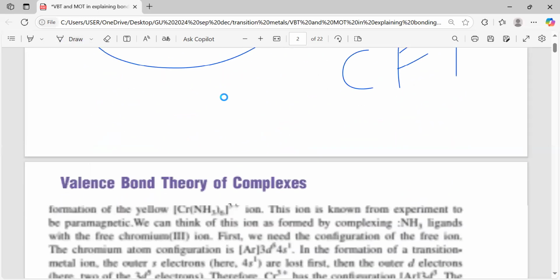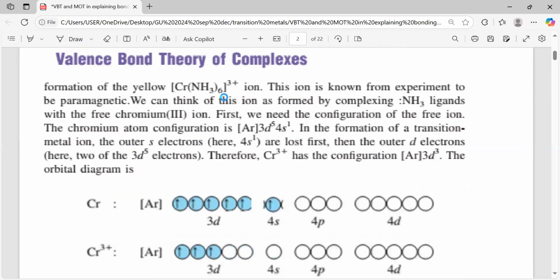Now, let us first of all move to CFT with respect to explaining structure and bonding in a metal complex. So our complex of interest is the chromium hexaammine ion, which is positively charged. All of us know ammonia.